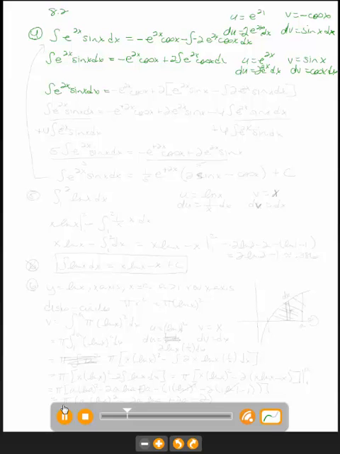I have a negative e to the 2x cosine of x plus a 2 bracket.